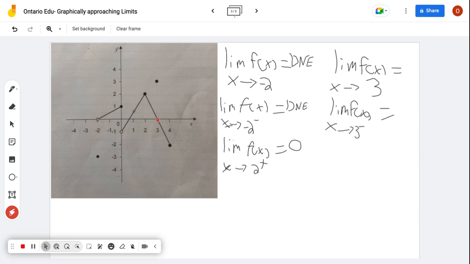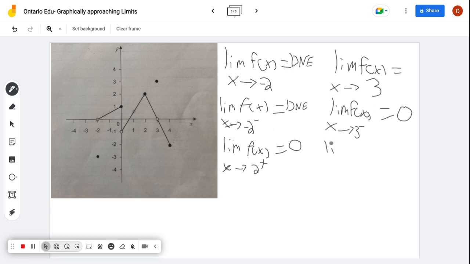Again, this is similar to the last question. And even though the hole is here and the actual value is up here, that still does not matter, as the graph is approaching this hole. It's not going up like that, it's going down. So therefore the limit of f of x as x approaches 3 from the left hand side is approaching 0.